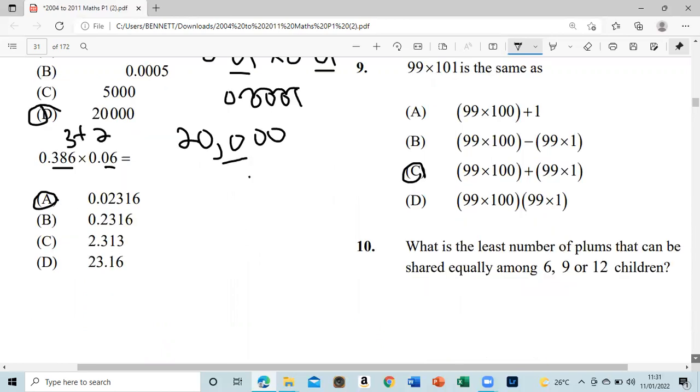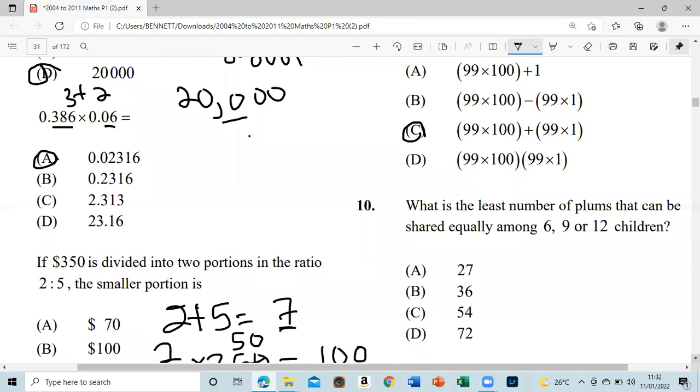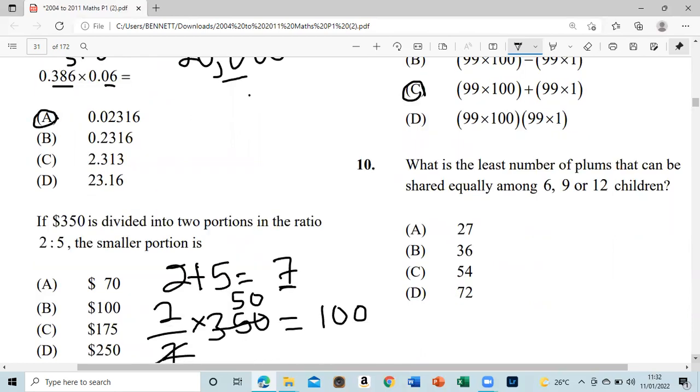All right, number 10. What is the least number of plums that can be shared equally among 6, 9, or 12 children? All right, so what they're looking for, 6, 12, 18, 24, 30, 36.